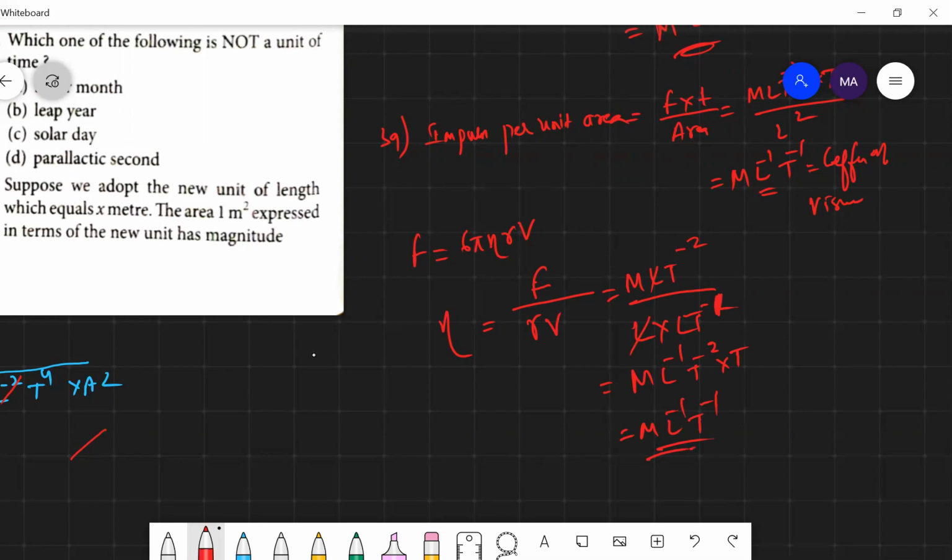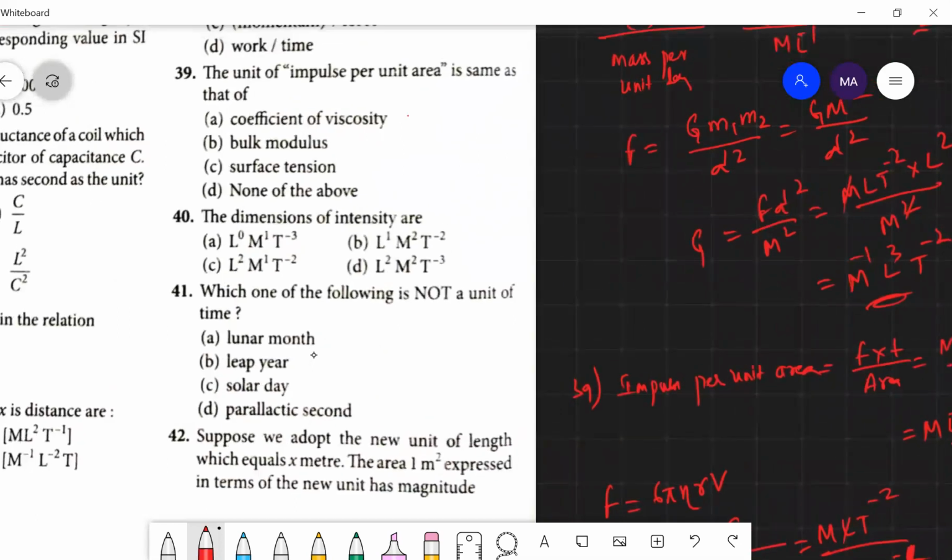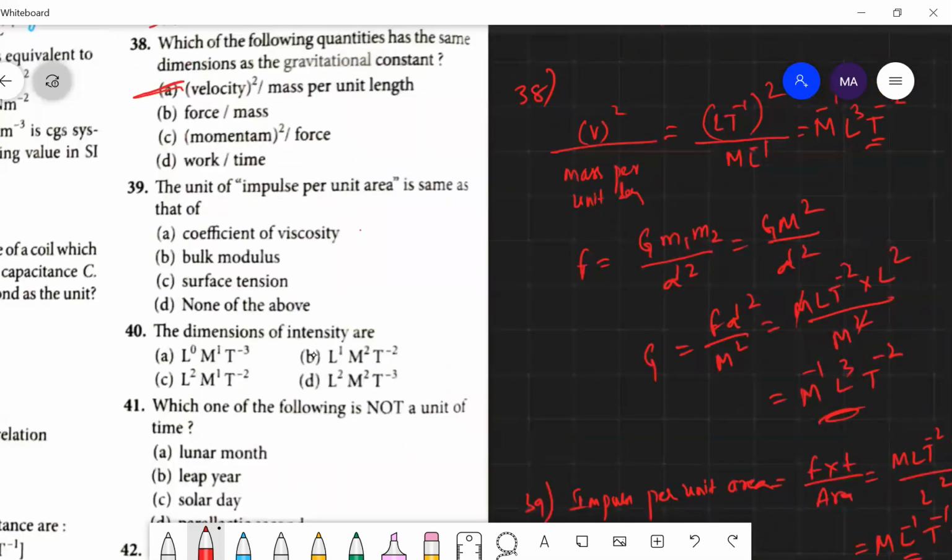Very good. Question 40: the dimensions of intensity are equal to how much? What do you mean by intensity? I'm writing the formula here. Intensity is equal to energy divided by area into time, energy per unit time into area.